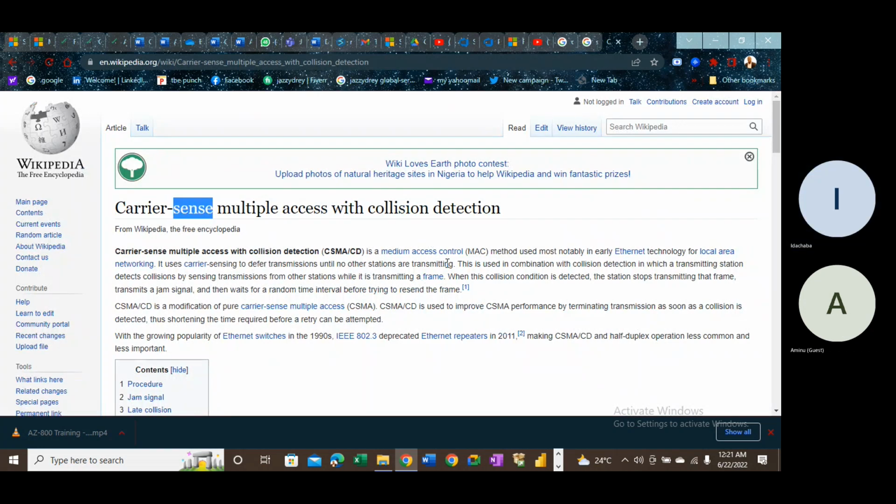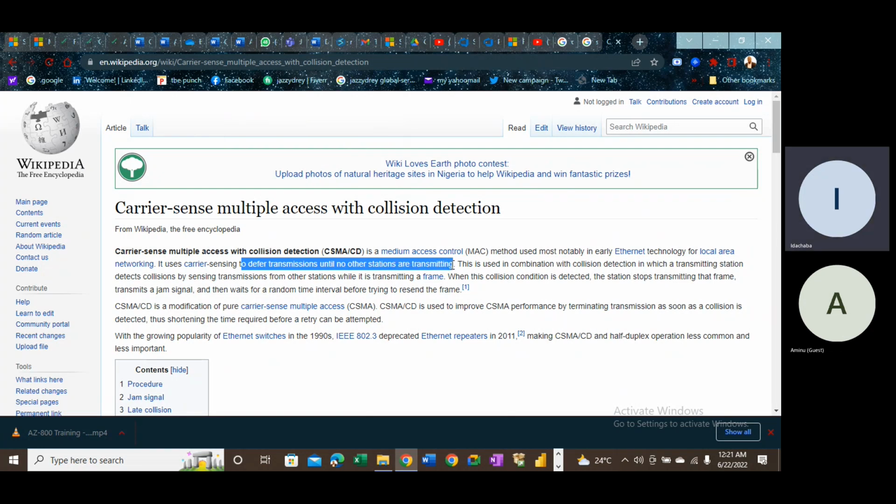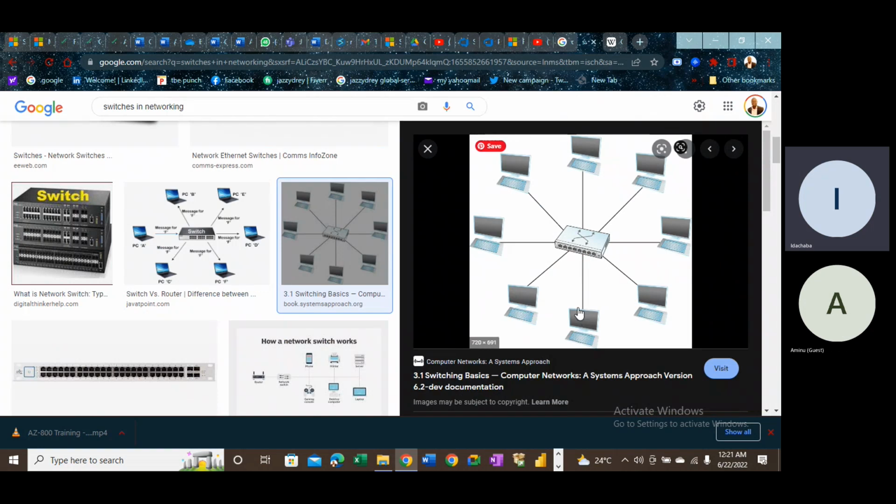Now, they are saying that it uses carrier sense to defer transmission until no other stations are transmitting. So this one is sending an email or a large video to this one, little by little.